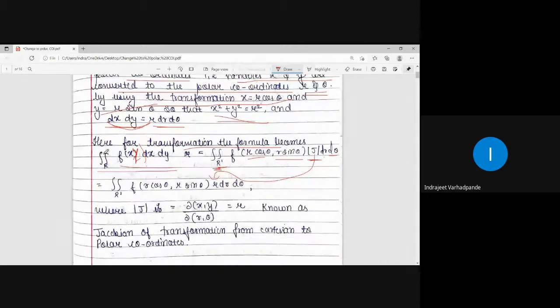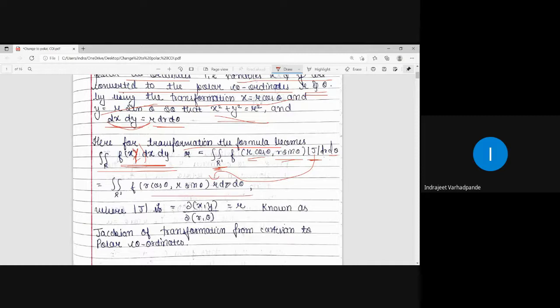So for the transformation, the formula becomes double integral over R of f of x y dx dy equals double integral over R dash of f of r cos theta comma r sin theta times determinant J into dr d theta.